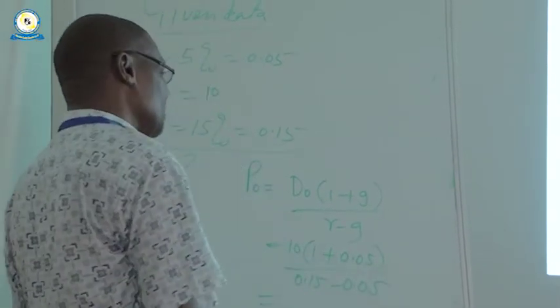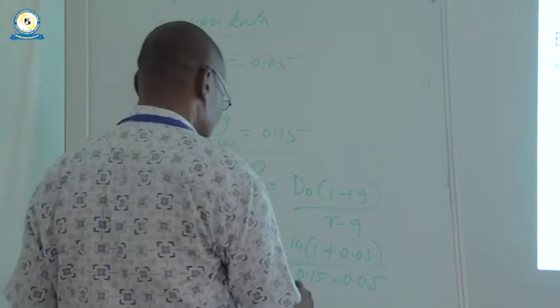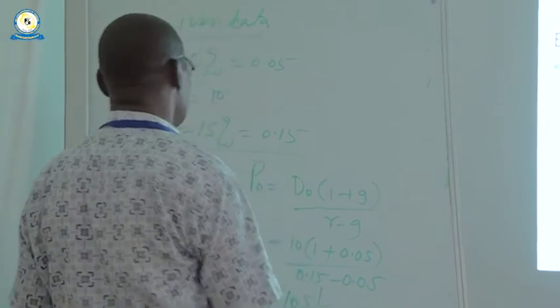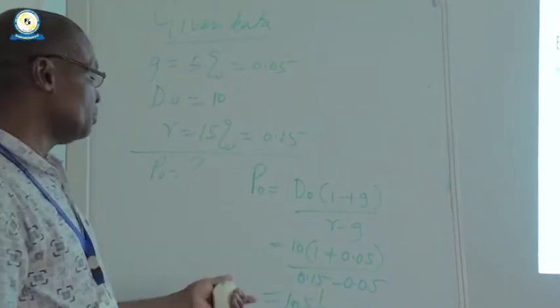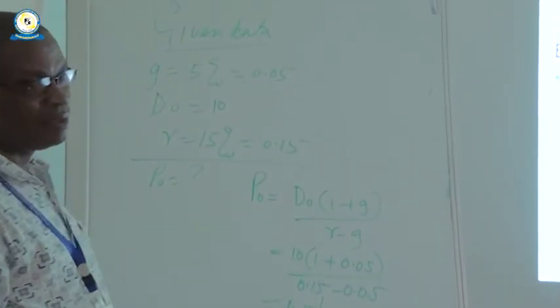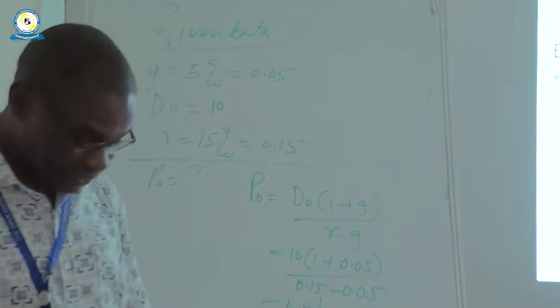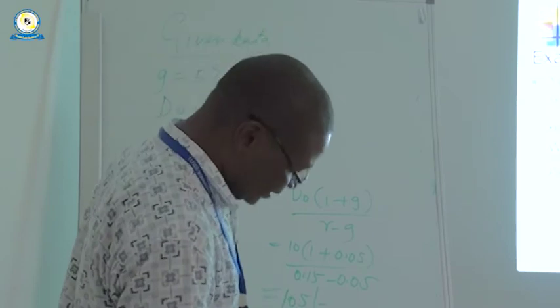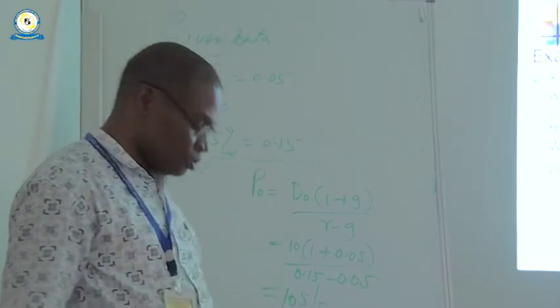You end up with 105 shekels. So the price of such a share will be 105. That is how we calculate the price of the share using constant growth.